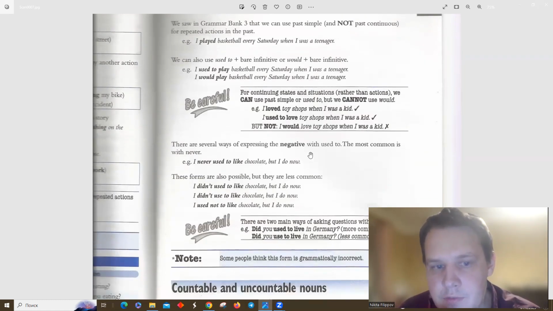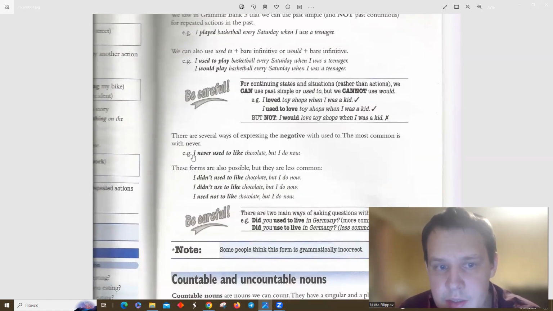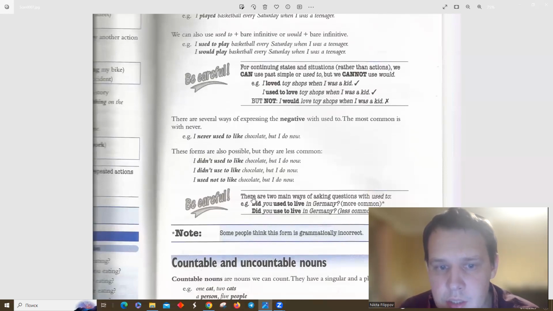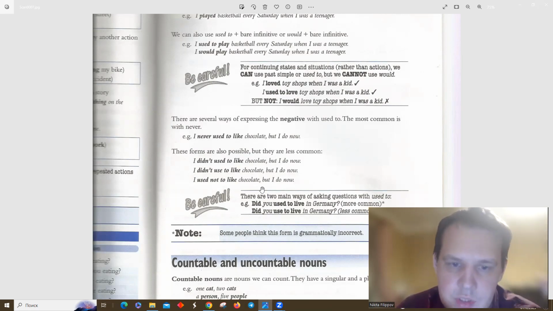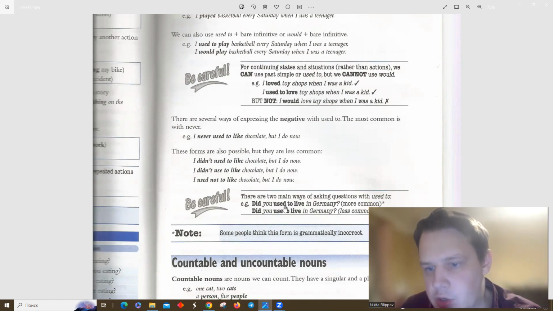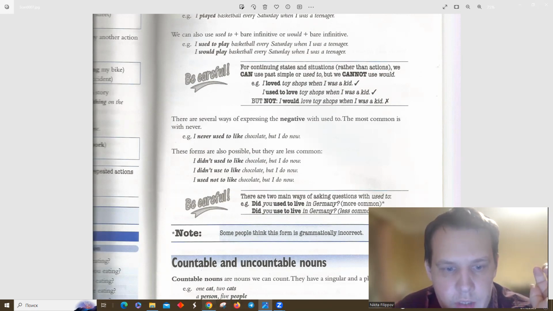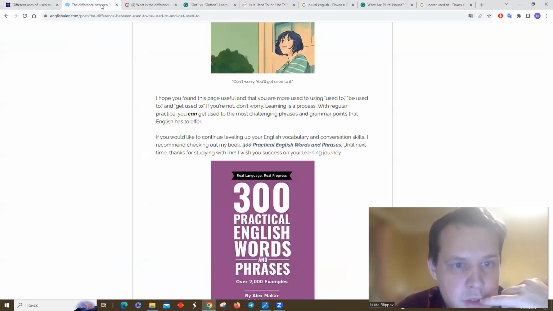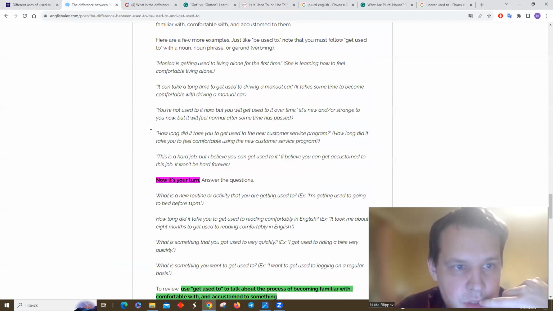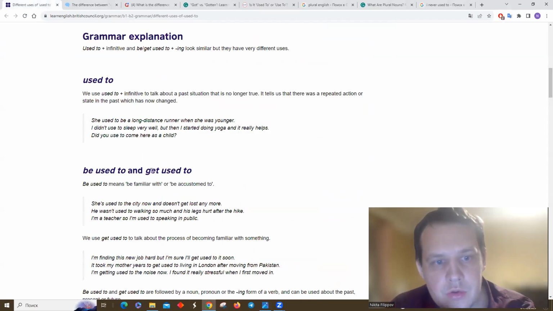And if you want to create a negative form, you can either add "never" or "didn't," or maybe "used" and then "not." And for questions, you need to start with "did" and then either "used to" or "use to." It's more correct to say "used" here, but okay, you can use "use" as well. And the second one is about the difference between "used to" and "be used to" or "get used to."